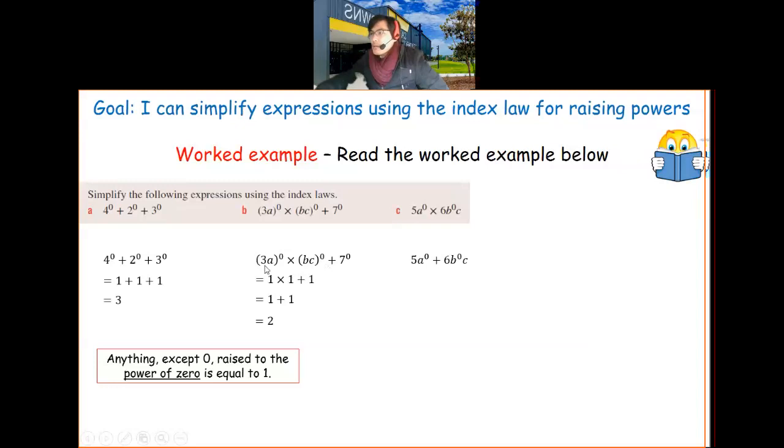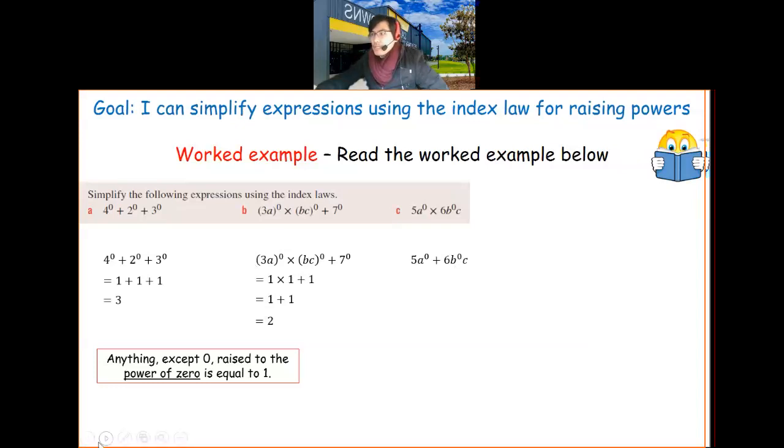Notice how this time we don't have the brackets. That means that the power of 0 here belongs to the a only, and the same for b here. This power of 0 belongs to the b.